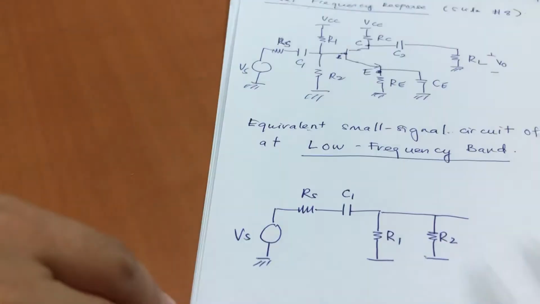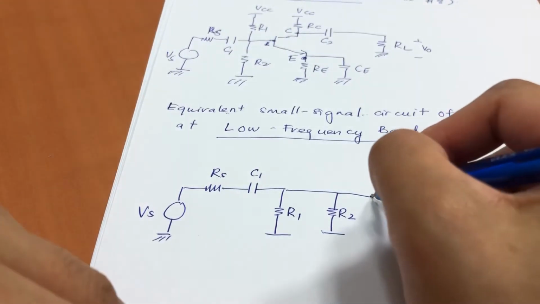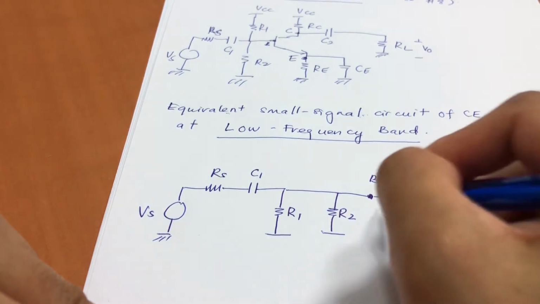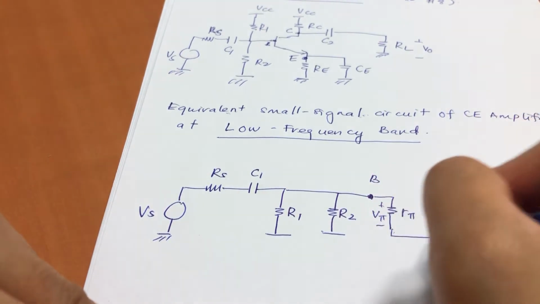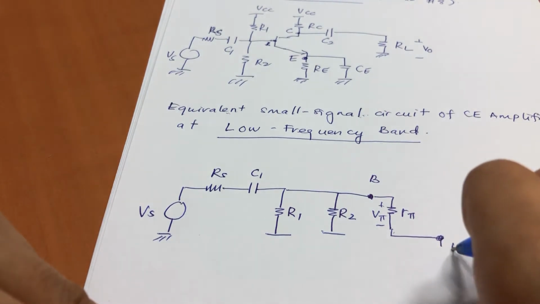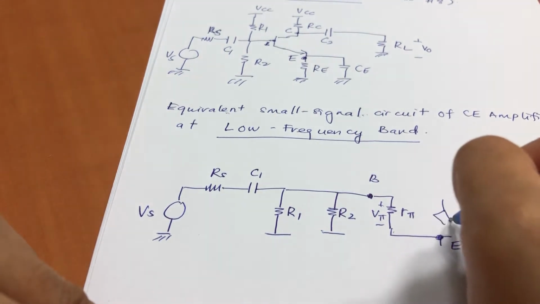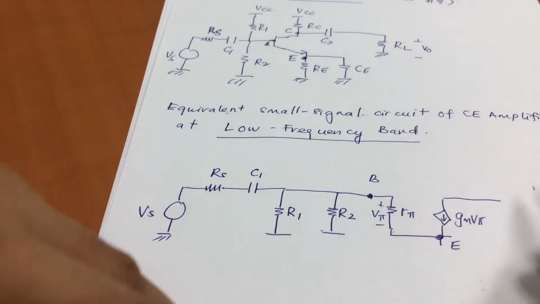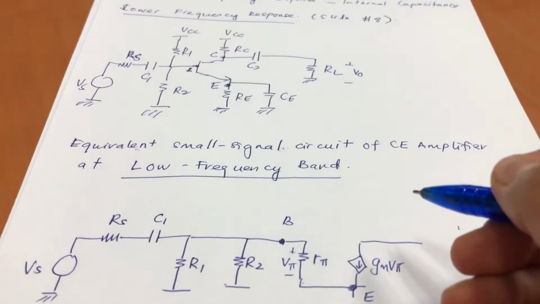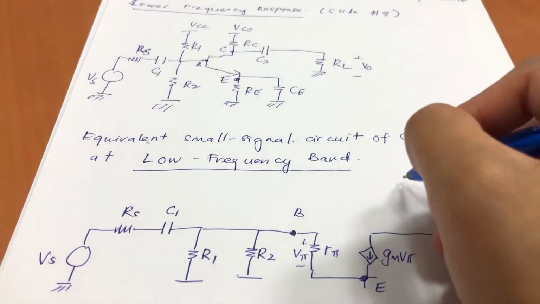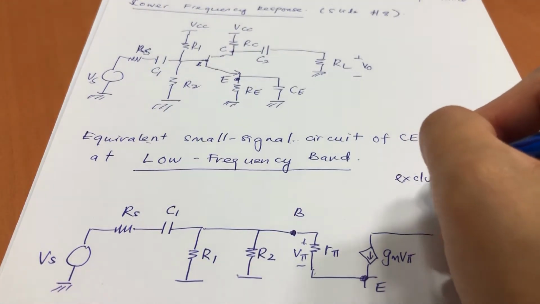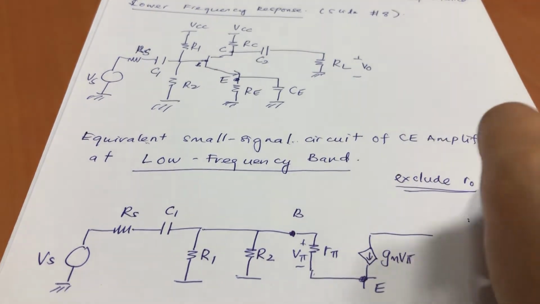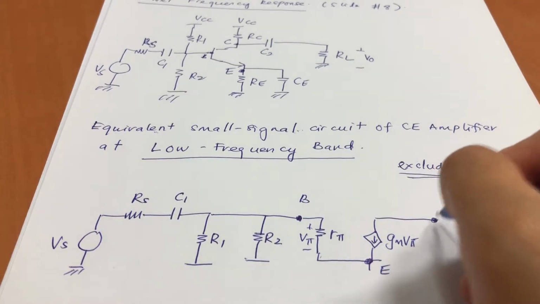From the base, this will be your R pi, so this is your V pi, and you are using hybrid pi, gm V pi. We do exclude R0 in our analysis here.